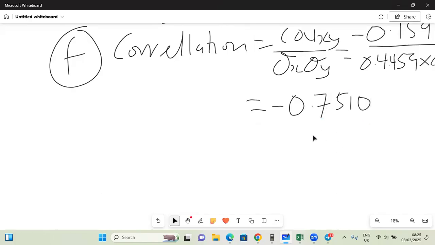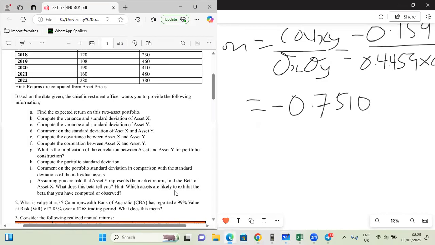This is actually very good for portfolio construction because it is going to reduce the risk in that portfolio. If you have assets that move in opposite directions in a portfolio, then the risk in that portfolio actually reduces, right? So the implication of the correlation here shows that they move in a negative direction, which is going to reduce the risk in the portfolio.